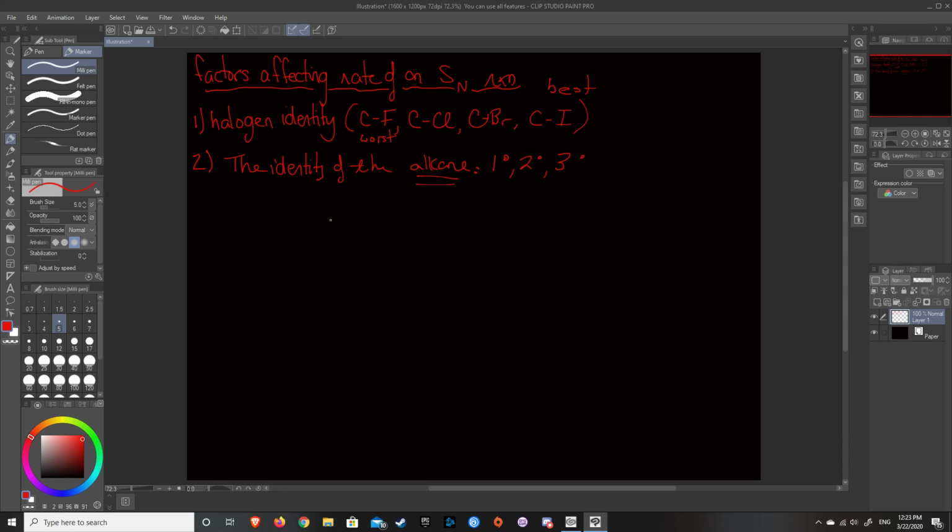So we're going to quickly review this like we've done in the other video, and then we'll get on to the next one. So remember that the rate depends on the type of alkane there are, because we said tertiary versus secondary versus primary alkanes.